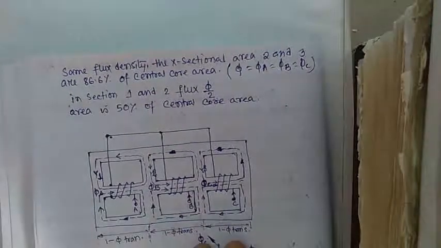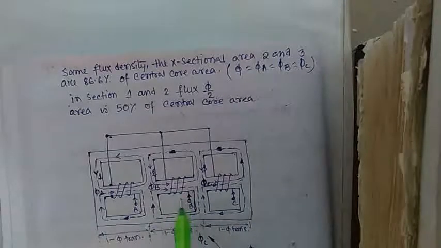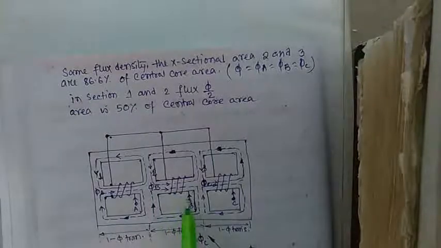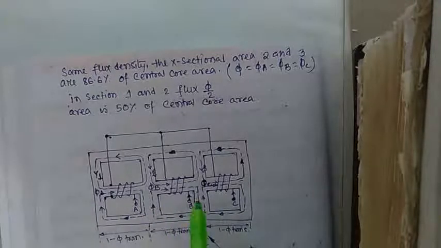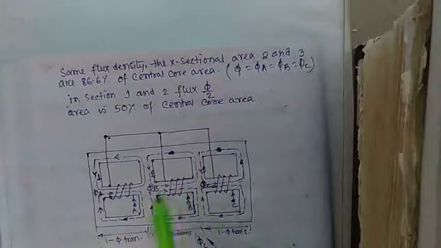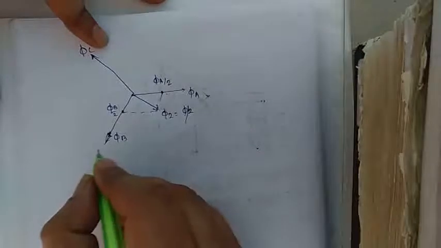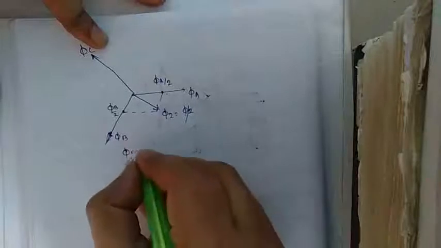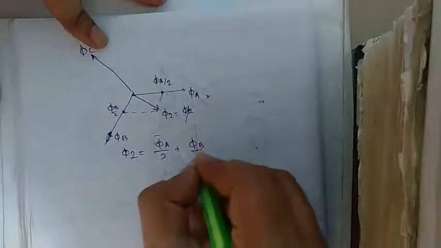Now if winding B is wound in the reverse direction, what should be the value of phi 2 and phi 3? Now the winding is wound in the reverse direction, so from this phasor diagram, phi 2 is phi A by 2 plus phi B by 2.